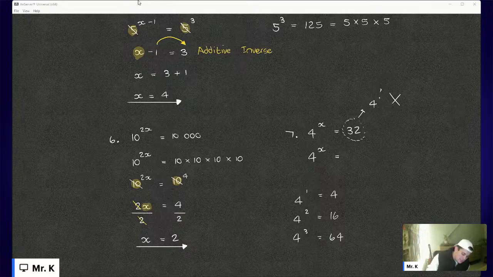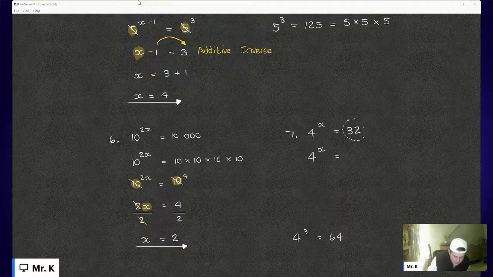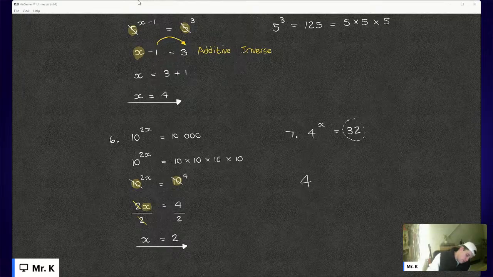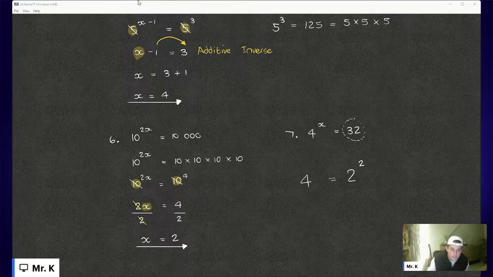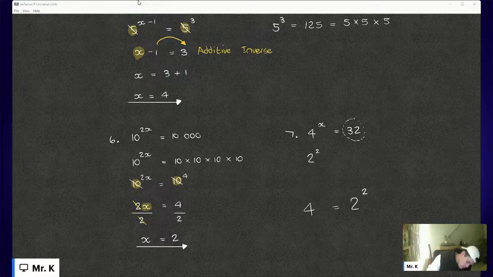Well, we always need to pay attention in this sort of situation to the base back on the left-hand side. The number 4 can be written as 2 squared, right? What that means for us is that this left-hand side of the equation can be 2 squared to the power of x, right?